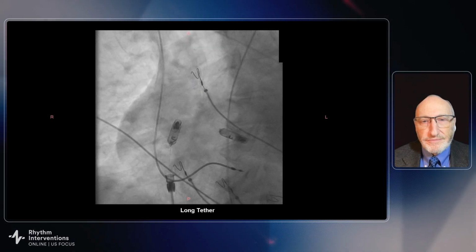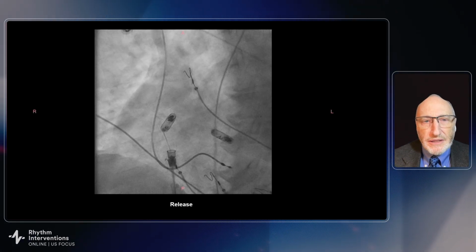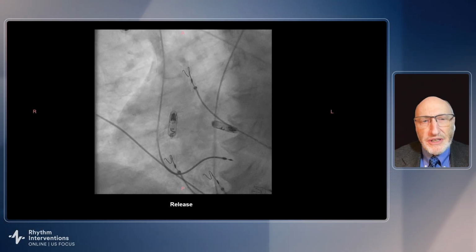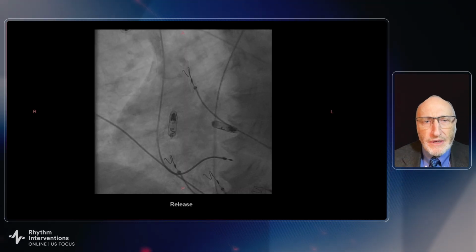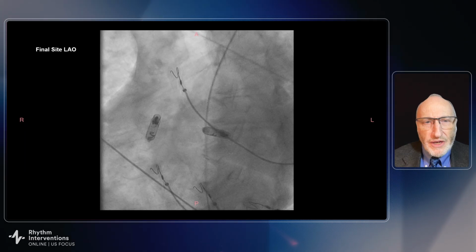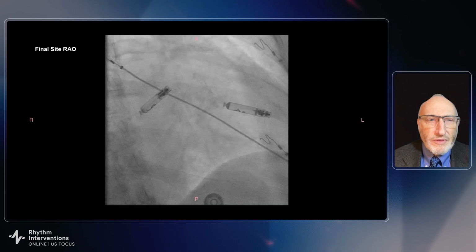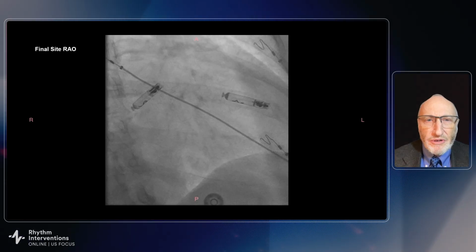Again, we used testing then at the tether. And at the conclusion, this was removed. And as you can see, it's quite low relatively. That's the RAO view. So quite a bit lower.